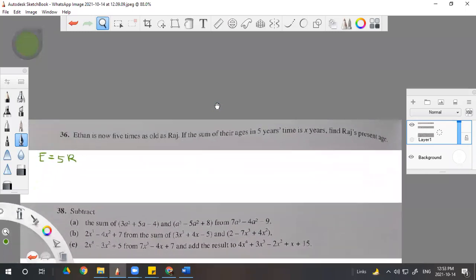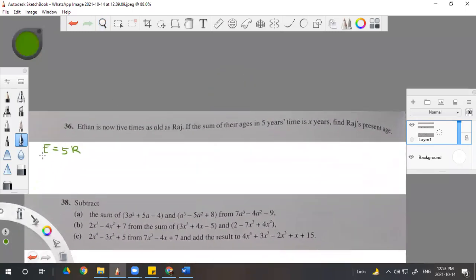If the sum of their ages in 5 years, berarti 5 tahun lagi. Ethan 5R, Raj ya udah R itself. In 5 years time, berarti ini kan now. Next-nya berapa? Ya 5R plus 5, si Raj juga plus 5.